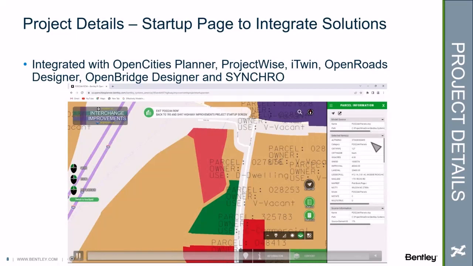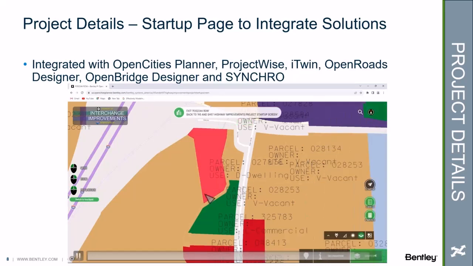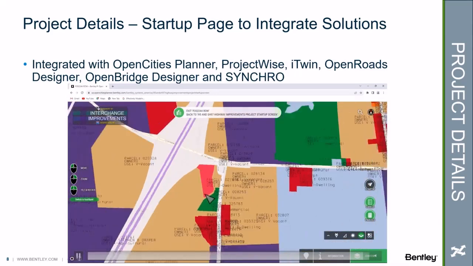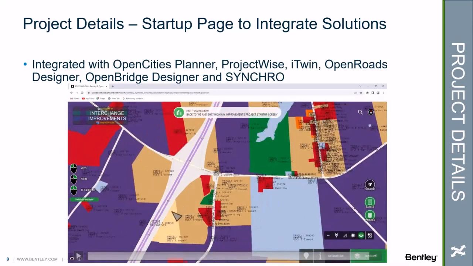So here I can select the parcel, and I can get all the appropriate information I would need about that particular parcel: owner name, size, acreage, all that kind of good stuff. So it very easily gives us a way to analyze the existing conditions and find out some existing information about our particular project. So let's go to the next slide here.